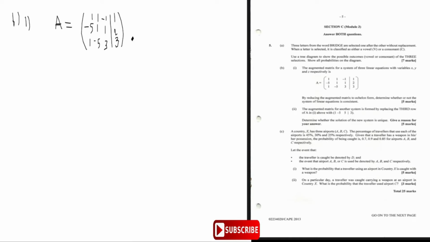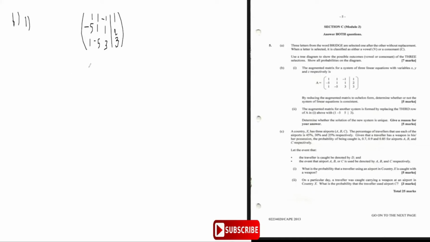Now, in order to simplify this augmented matrix, all we need to remember is we need to row reduce. We need to get zeros in these two rows. We need to get zeros here.